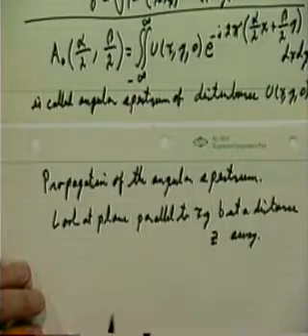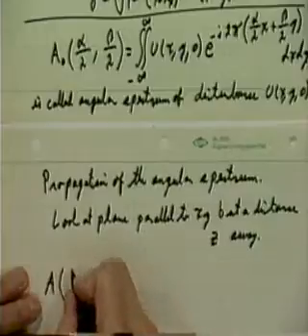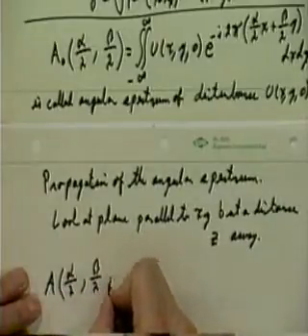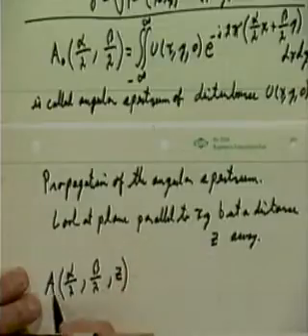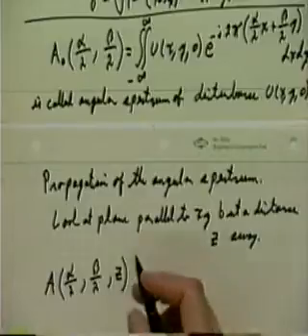And so now what we would have, just copying this down here, we would have A, alpha over lambda, beta over lambda, z. So we take off the subscript 0 because we're going a distance z away.